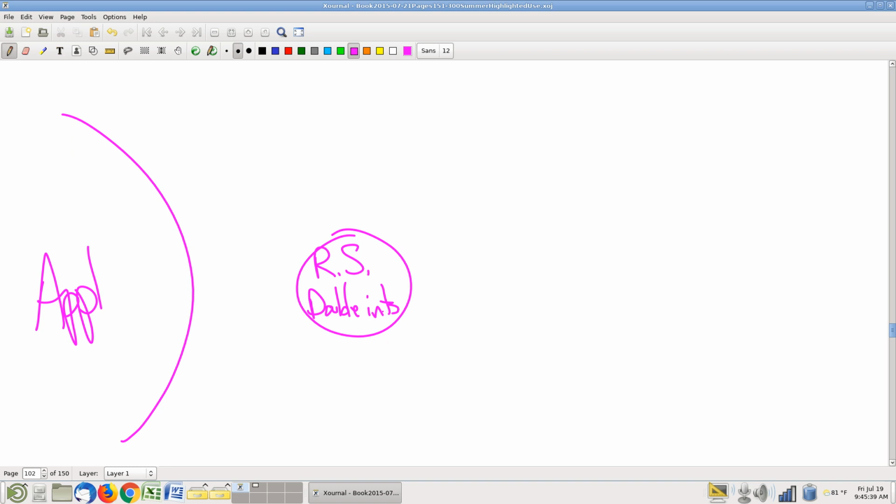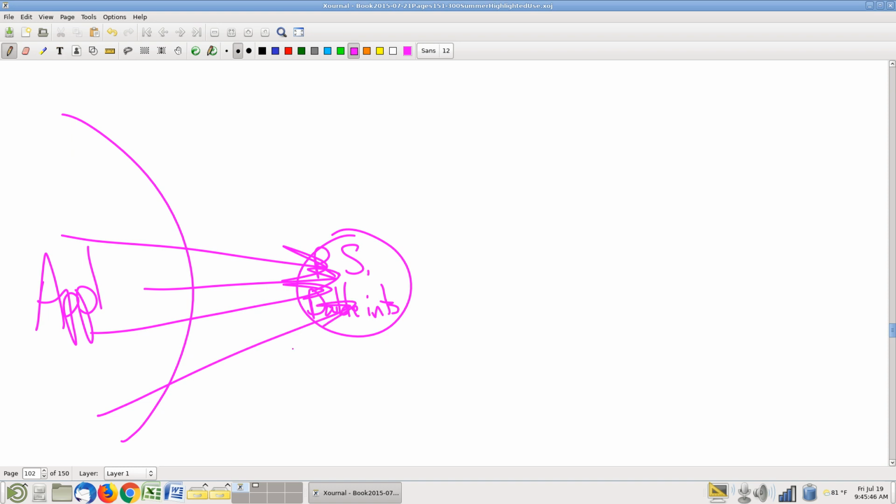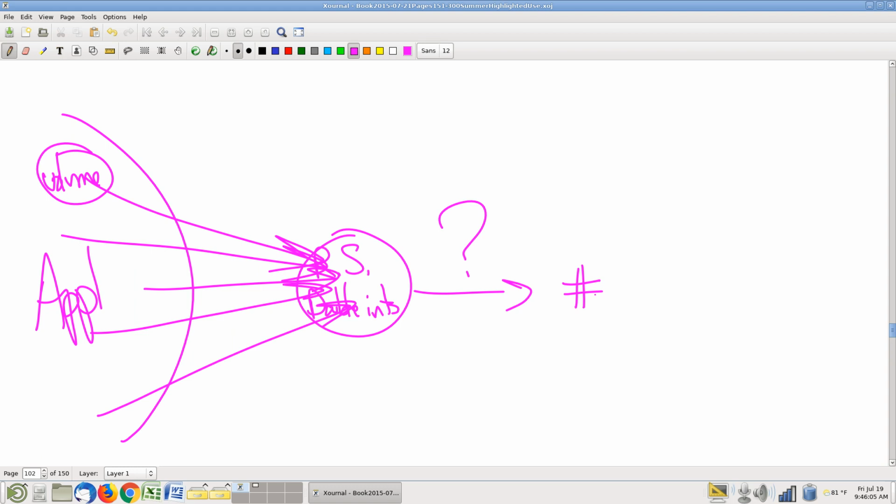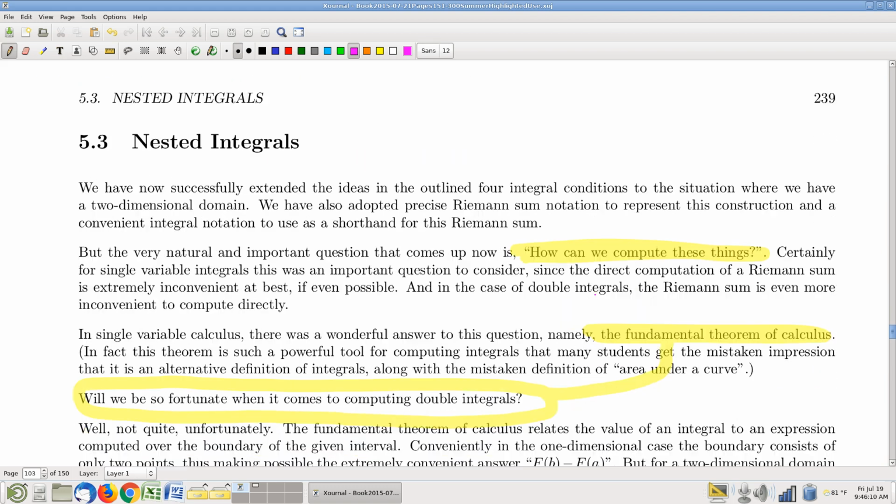We've seen how a bunch of different applications connect to Riemann sums, aka double integrals. By the way, one of which was the volume question, which kind of motivated double integrals in the first place. And the natural next thing to want to do is figure out how to compute number answers out of these Riemann sums.